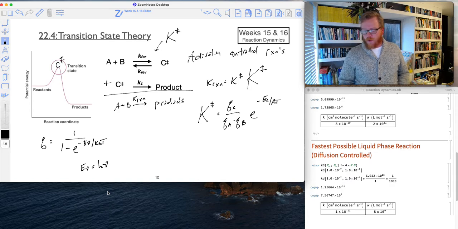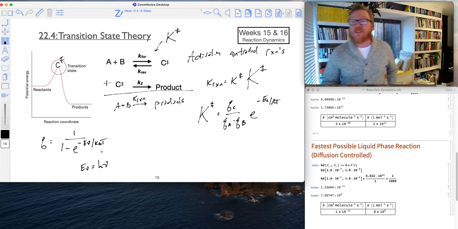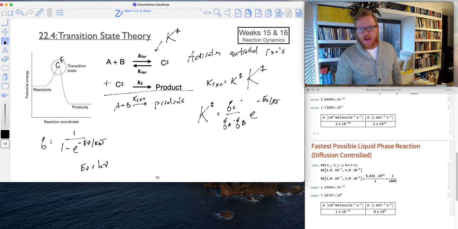And so when we put all that together in total, I think I'm going to stop there. I don't want to go into too much more detail on this. But what I do want to point out here is this is our partition function, and what we're interested in is the vibrations. So when we talk about the activities of this equilibrium, what's really going on there is it's the vibrations of these molecules that are able to stabilize or destabilize this transition state.